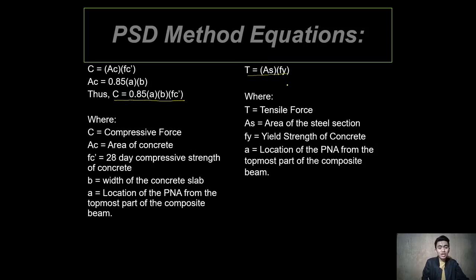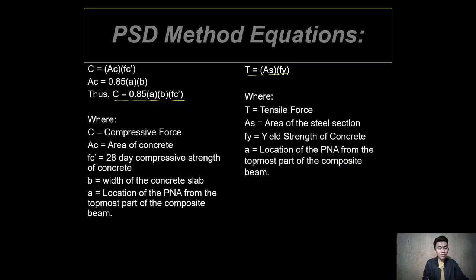That is because if we equate compression to the tensile force, we will be able to determine the value for A, which is what we are trying to do for us to be able to determine your nominal moment capacity. For us to determine first the location of your plastic neutral axis.